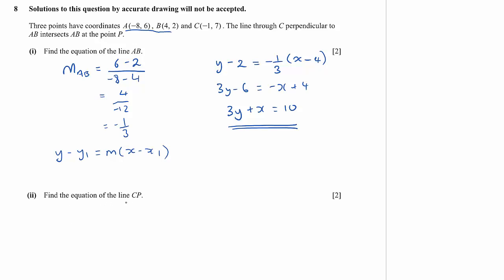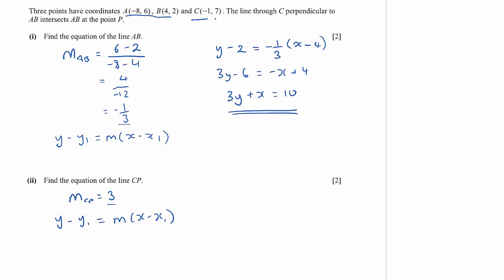Find the equation of the line CP. Well, this line is perpendicular to AB, so therefore the gradient of CP must be equal to 3. Remember, if two lines are perpendicular, when you multiply the two gradients, you get -1. And then we can use y minus y1 is equal to m(x minus x1).